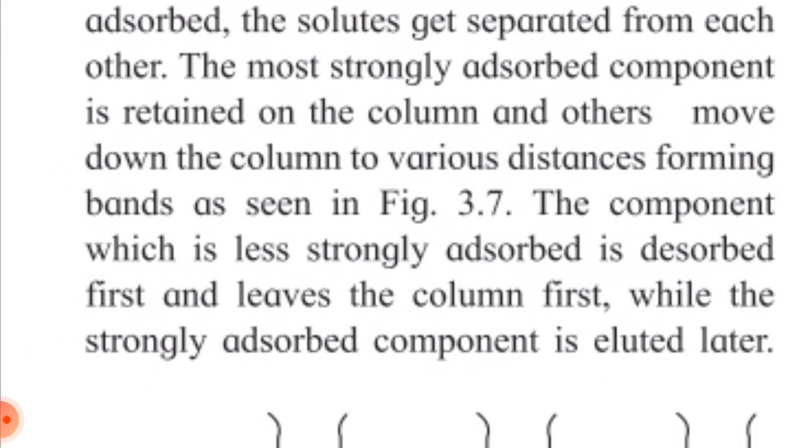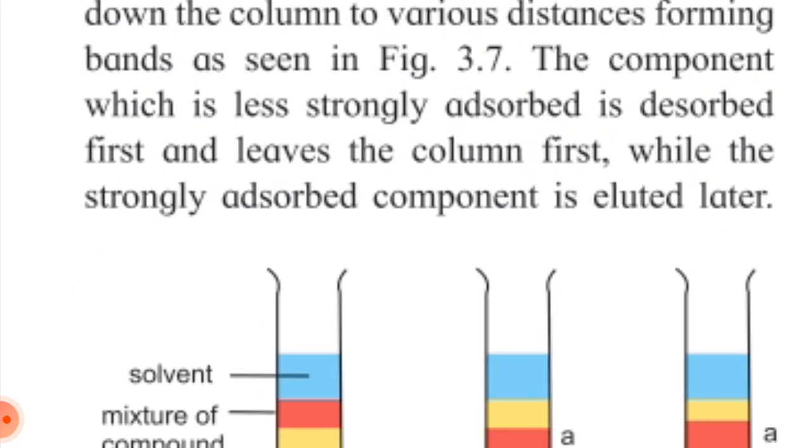The most strongly adsorbed component is retained on the column and others move down the column to various distances, forming bands as seen in figure 3.7. The component which is less strongly adsorbed is eluted first and leaves the column first, while the strongly adsorbed component is eluted later.